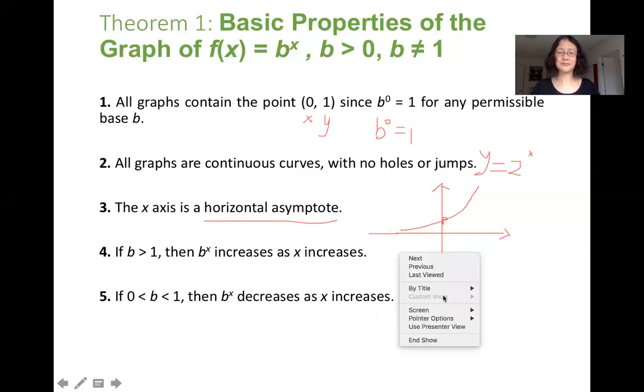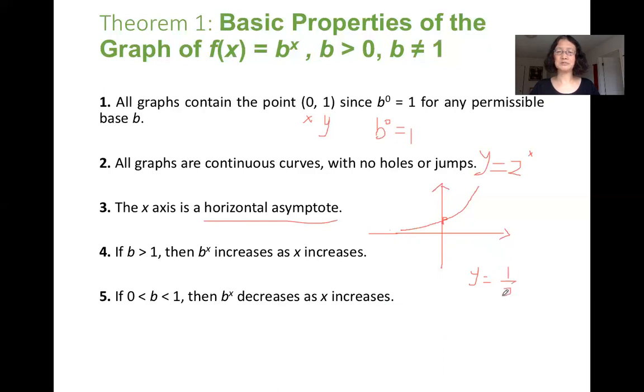For example, if you have function y equal to 1/2 raised to power x, this graph will be like this. So when you increase x, y decreases.